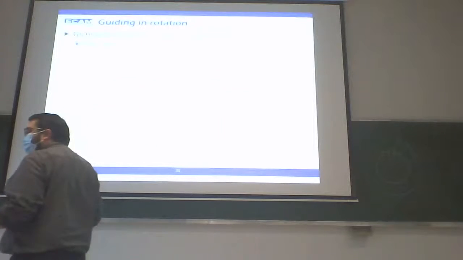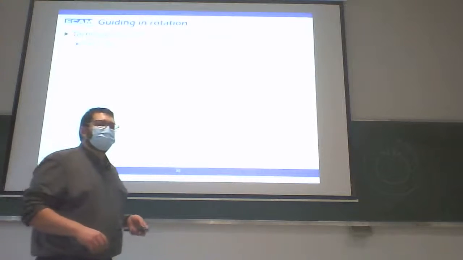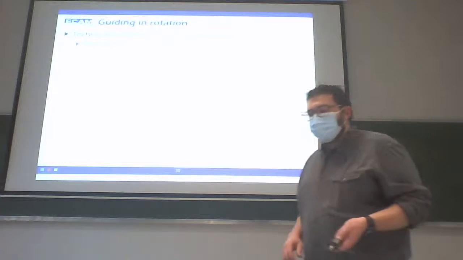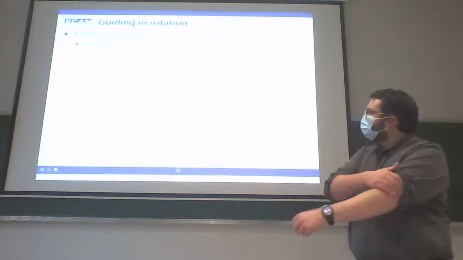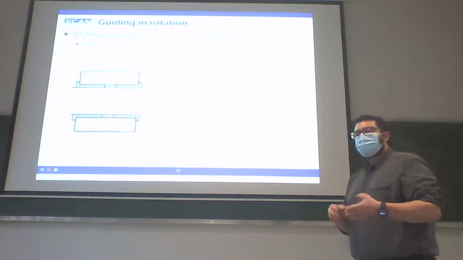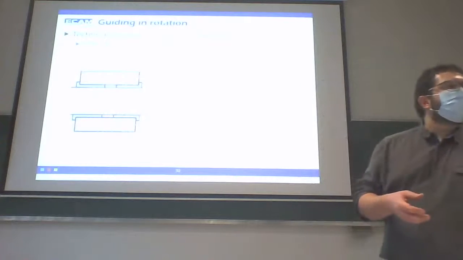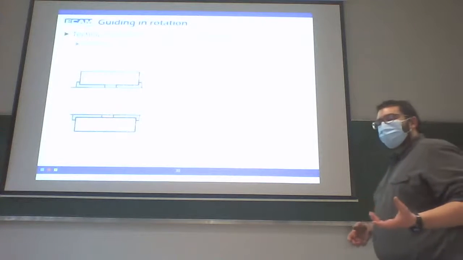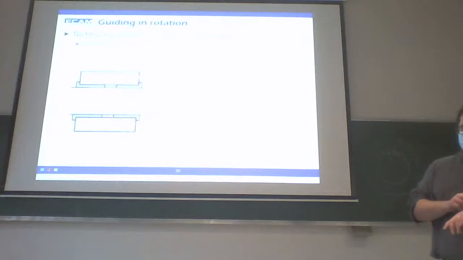In mechanical design, for revolute joints, I need to reduce the friction. So I need a low resistance solution. First solution is the use of a plain bearing. The plain bearing is a small cylindrical part. It's an intermediate part. So like this, I realize an indirect contact between the parts. And this part will reduce the friction between the different parts.